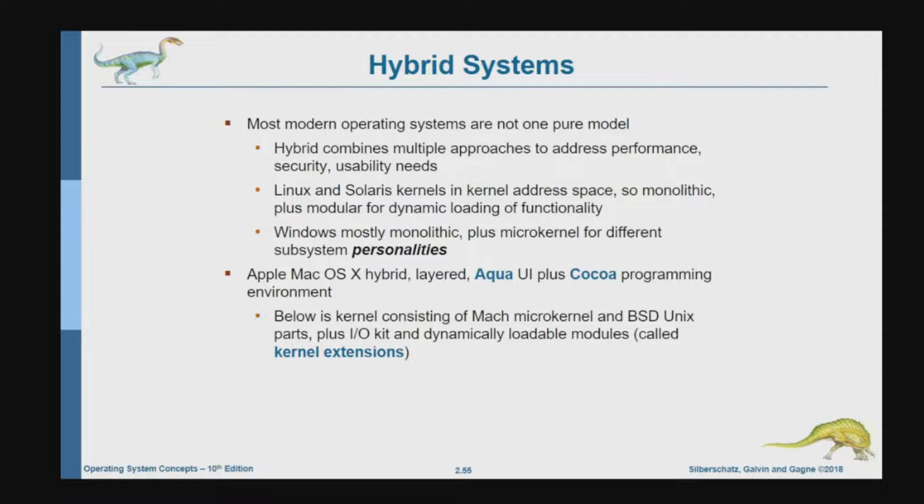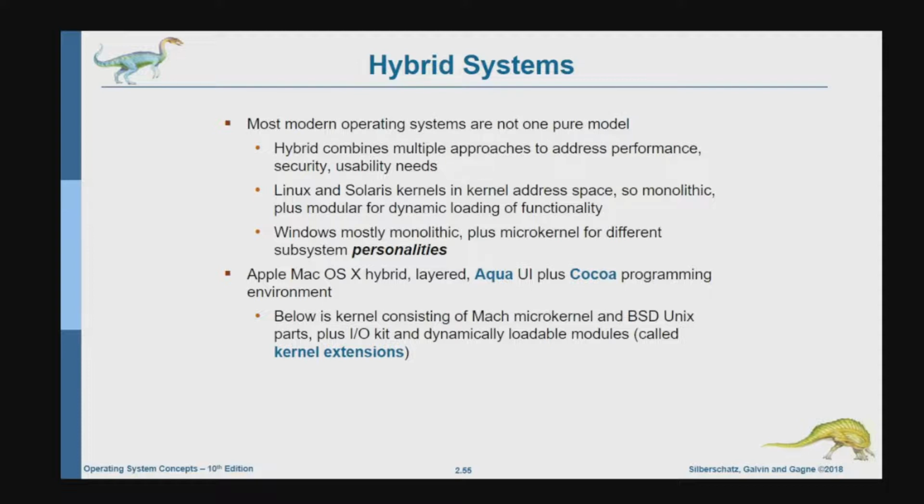In order to achieve certain performance, we mix the pure models that we already have with a certain structure. The objective is to get better performance, a more secure operating system, as well as usability.